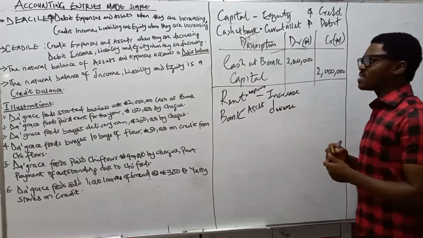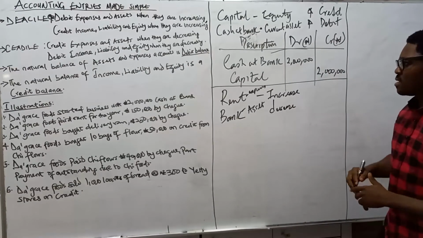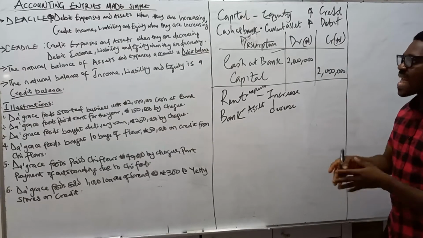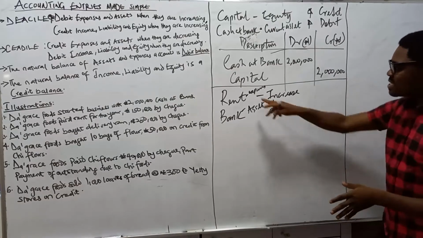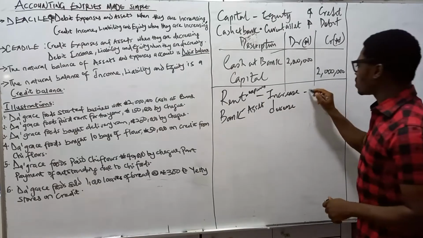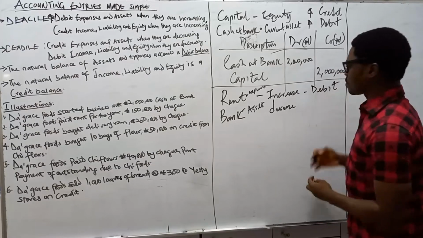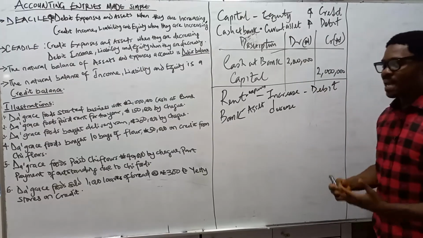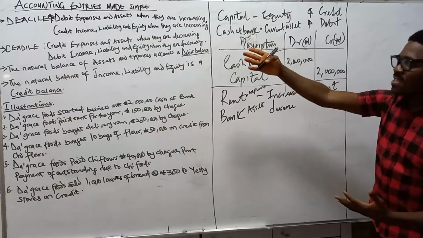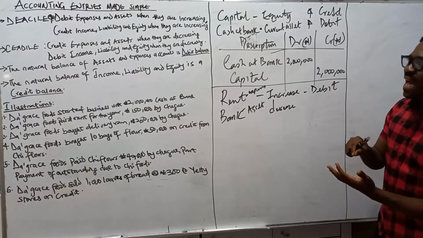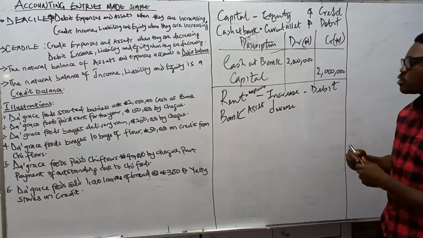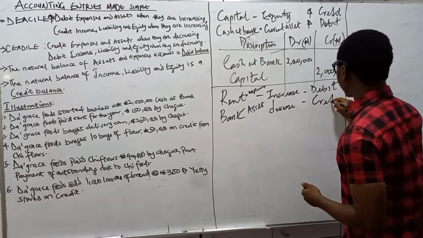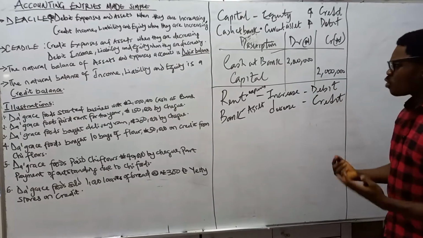Now we go back to our basic and inverse. Basic says you debit expense and assets when they are increasing. Rent is an expense. What do we do to it? We debit it. What has happened to bank here? Bank has reduced. The inverse says that you credit expense and assets when they are decreasing. So what do we do to bank here? You credit bank. What does this mean?